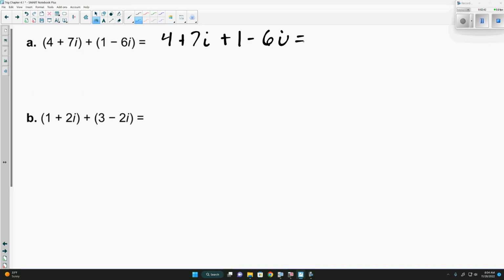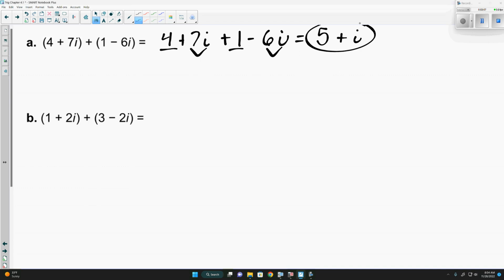Well, our real parts are 1 and 4. So 1 plus 4 is 5, because 1 and 4 are like terms. 7i and negative 6i are like terms. So 7 minus 6 is 1i. And that's it.